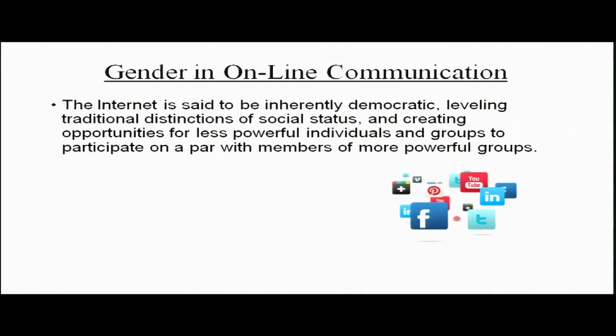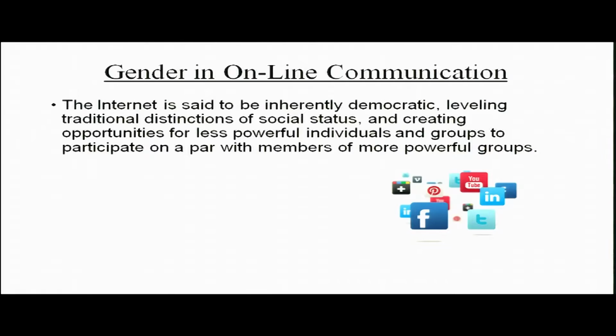So we also see that gender plays out in many levels in online communication. We often believe that the internet is inherently democratic, and it levels out traditional distinctions of social status, creating opportunities for less powerful individuals and groups to participate on a par with members of more powerful groups.